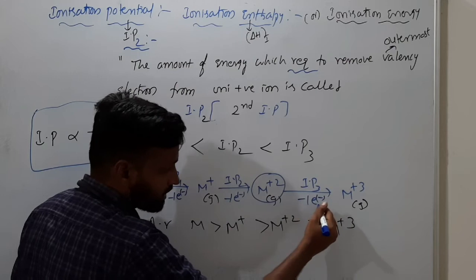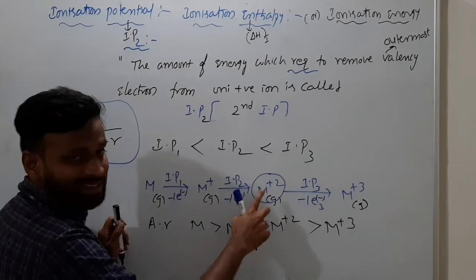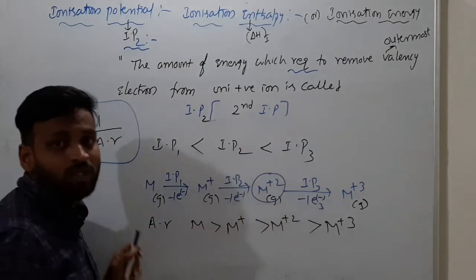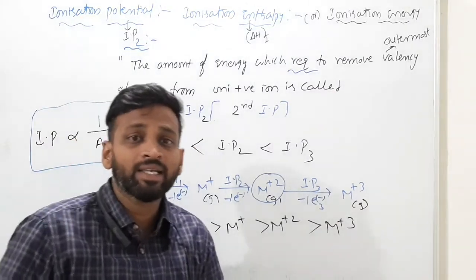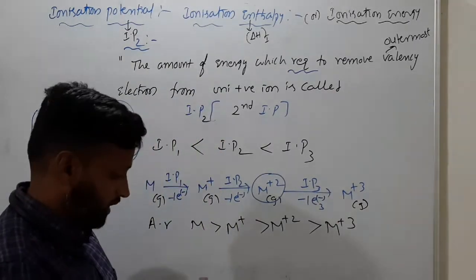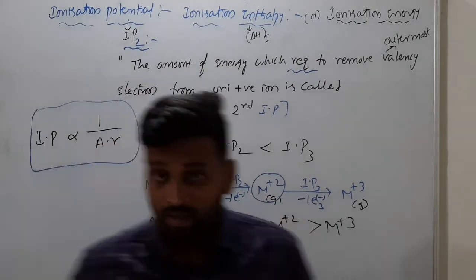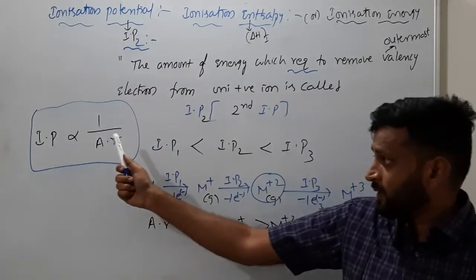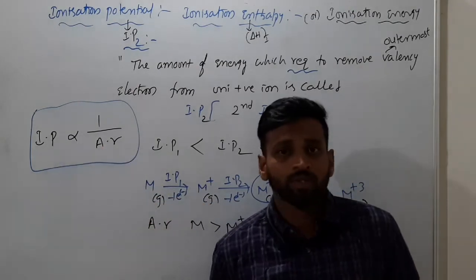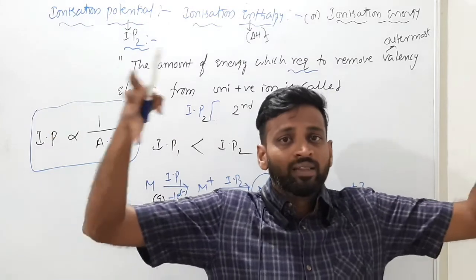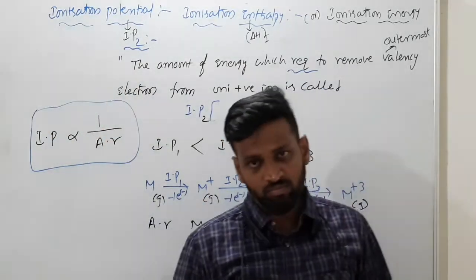To remove this third electron it requires more energy because the M2 plus size is less. So IP2 is greater than IP1 and IP3 is greater than IP2, and the important relation is that ionization potential is inversely proportional to radius. If radius is more, distance is more, and you can easily remove the electron.